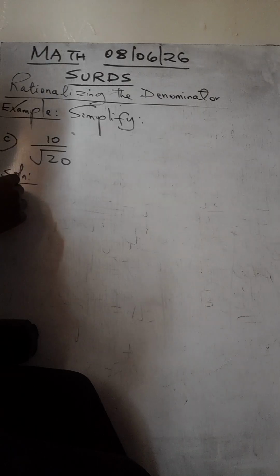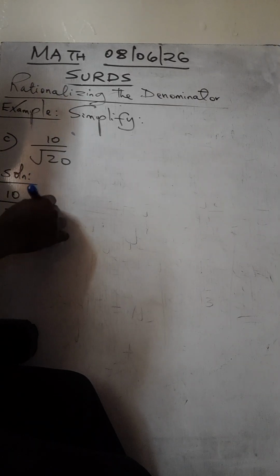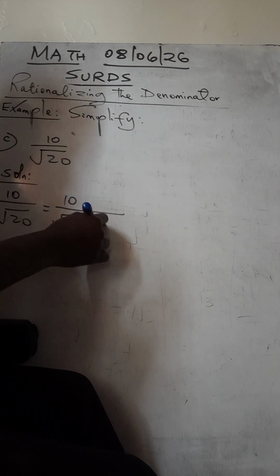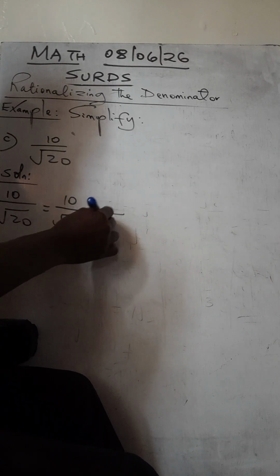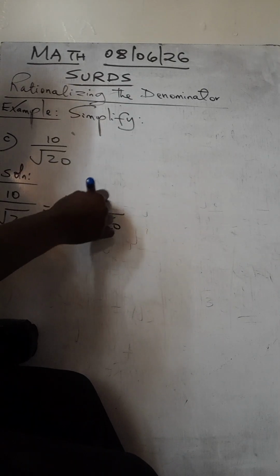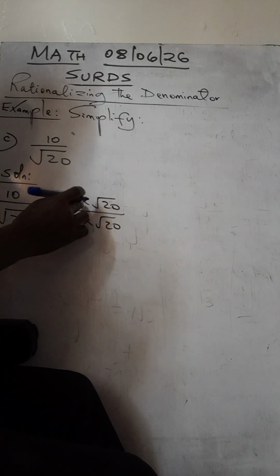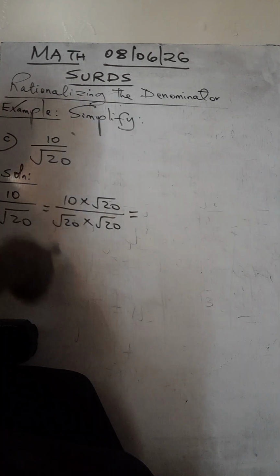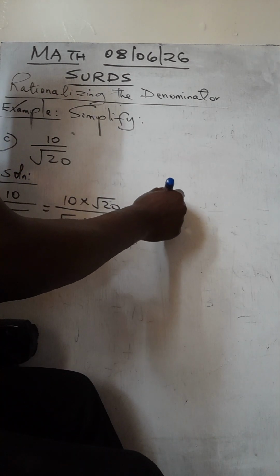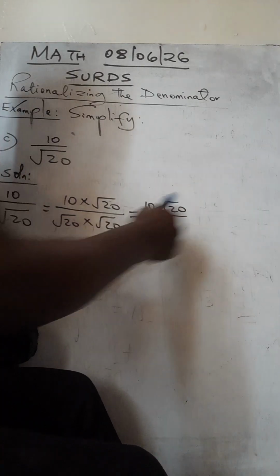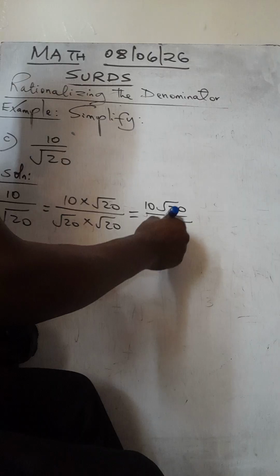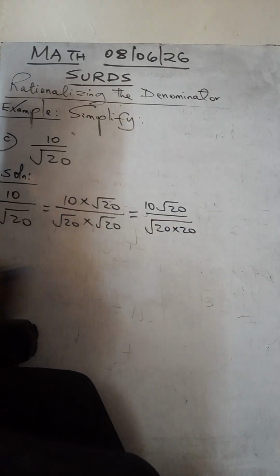So this is what you do. Multiply here by root of 20, multiply here by root of 20. So what we're going to have is 10 root 20 over, this time, 20 times 20 under the root sign.